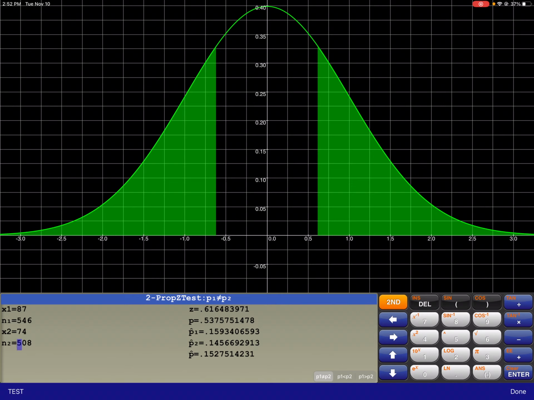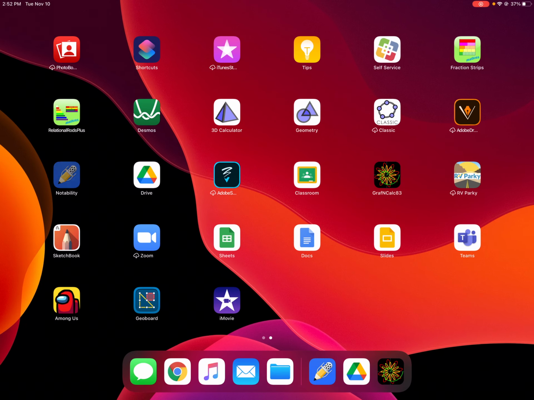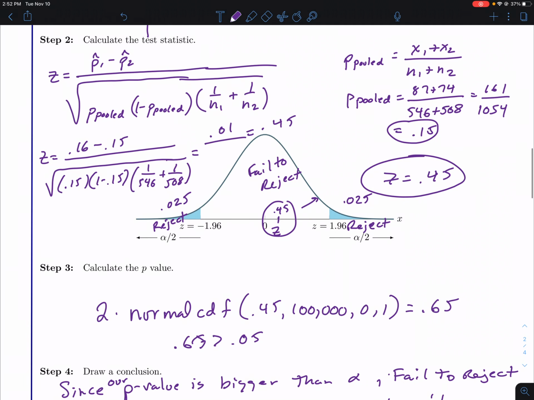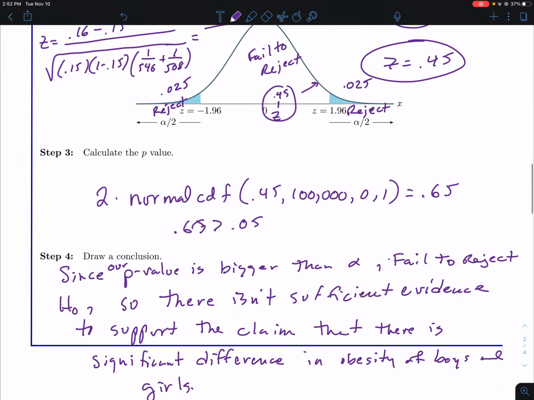Again, we want to make sure we're on the not equals. And so we can see we got a p-value of 0.53, which again is a little bit different than what we had because of rounding. What did we have for our p-value? 0.65. So I rounded stuff probably a little bit more than I should have, whereas using that way won't round it that much at all, which is kind of nice. Otherwise, this looks really, really good.